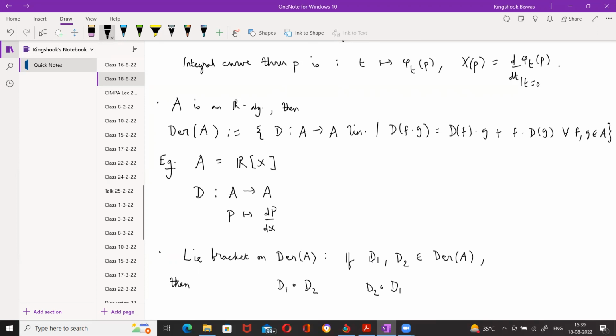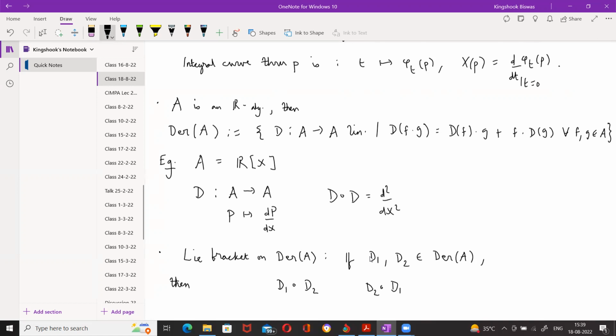Now, in general, the composition of two derivations will not be a derivation. You can see that in this example: if I look at d composed with d, this becomes d squared/dx squared.